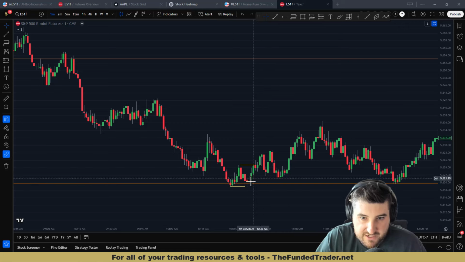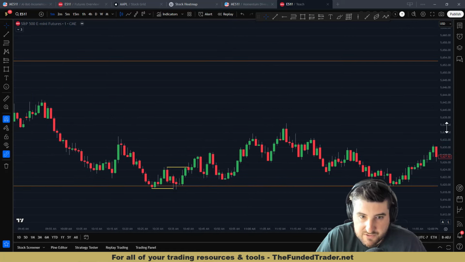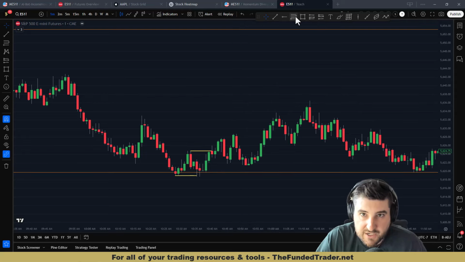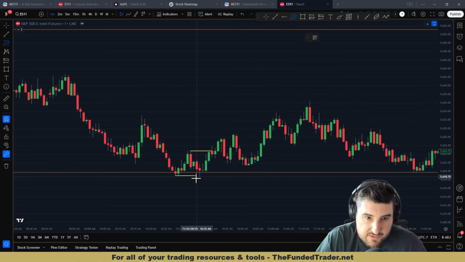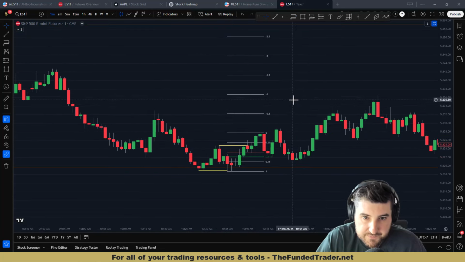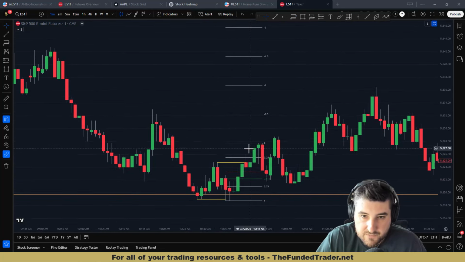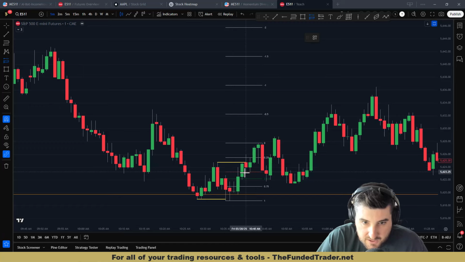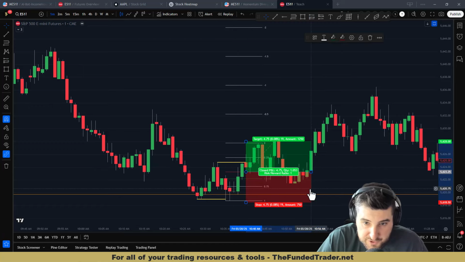So this leg here is what we can measure for an entry now. So if we go from that stop to this high, okay, we're not doing this one because this would have been the pullback that we would have entered this trade on. Again, 50% at least.